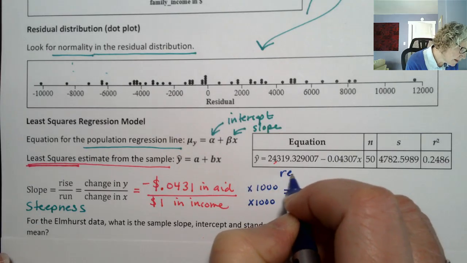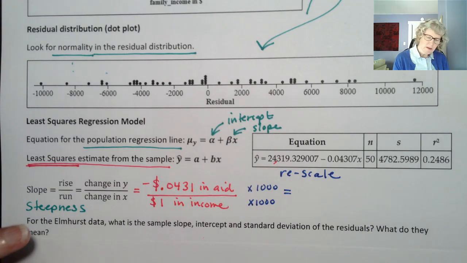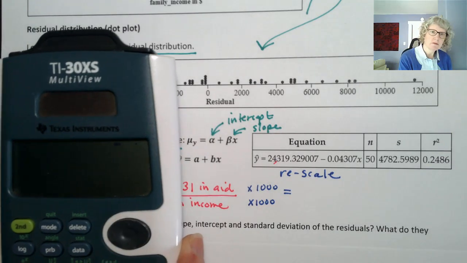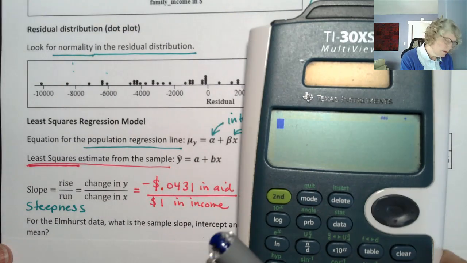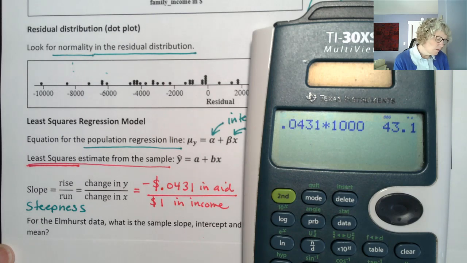So I'm going to rescale this. That's going to move the decimal over 3 places, but I'm just going to check it to make sure I don't make a mistake. 0.0431 times 1,000. Yeah, 43.1.